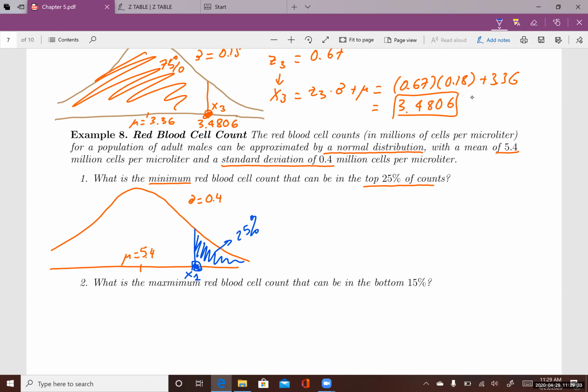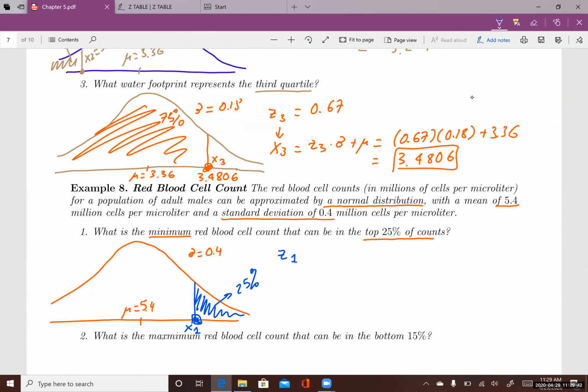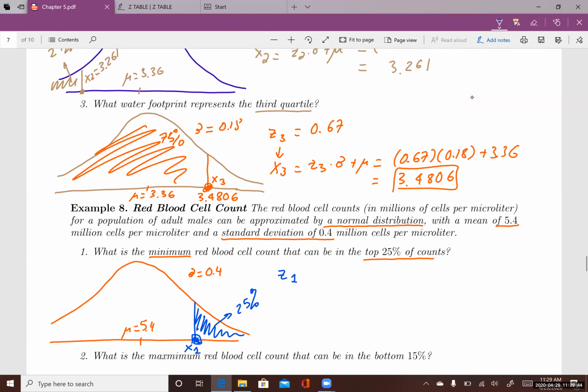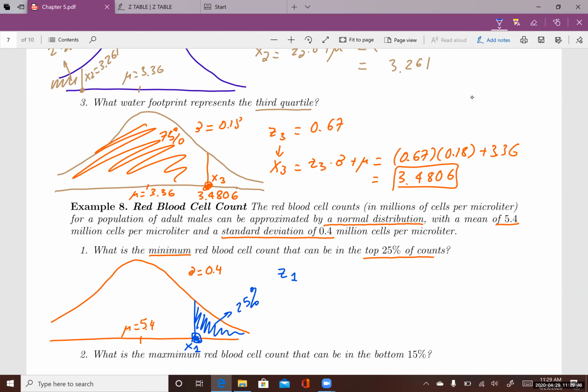Then you need to find Z1 that corresponds to the top 25%. To find this Z1, we look at the Z that corresponds to the third quartile, 75%. You know, 75% and 25% are complements of each other. That means the Z-score here is the same as the Z-score that I found up here.